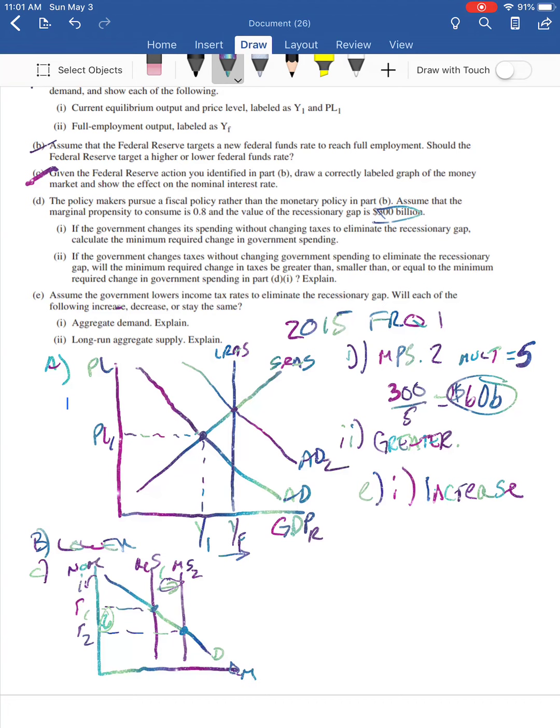And then the second part of part E, we also need to explain what's happening to long-run aggregate supply. And it kind of depends on how you want to word this. There's a couple different answers that they did accept this year as okay, but you could just say that there would be no change in long-run aggregate supply because we're just getting back to where we originally were.